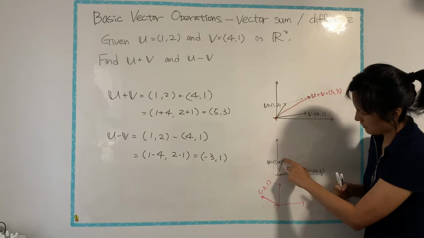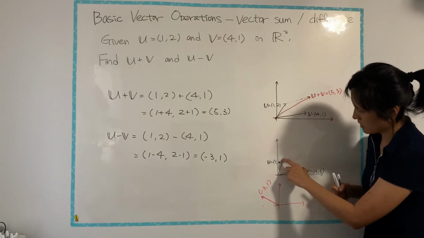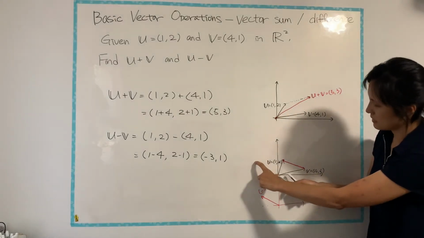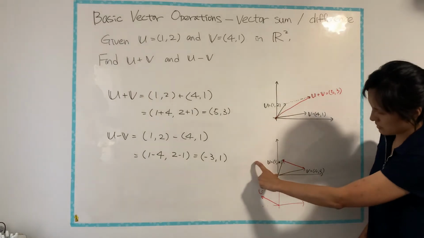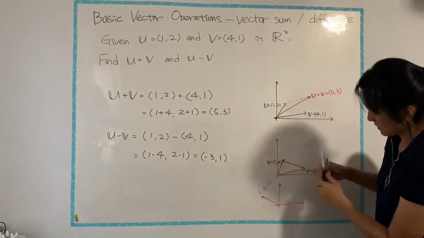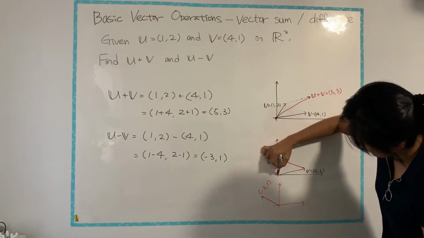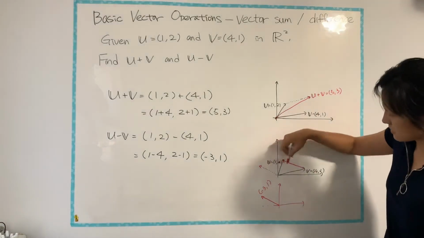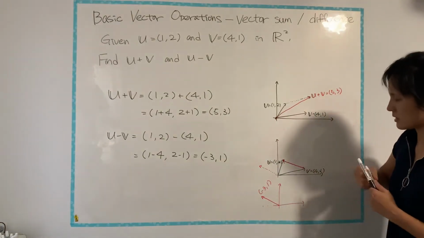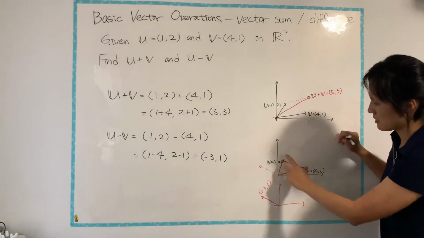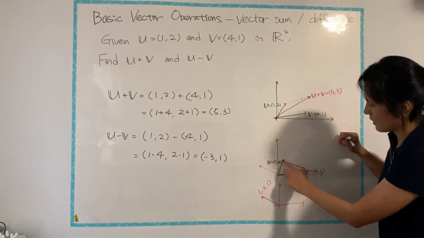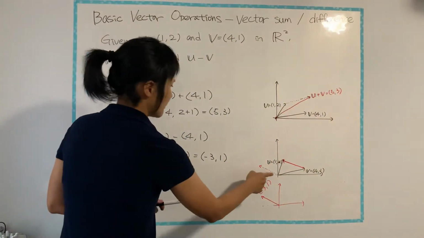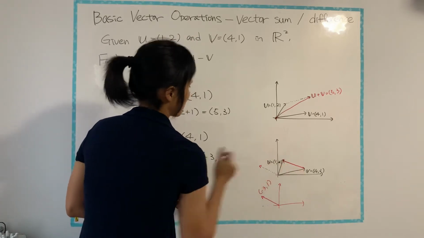So basically it's this one, and I parallel push it, so then the initial point is at 0, 0, the origin. It's this vector. They're the same, because a vector is a directed line segment. As long as you have the same direction and the same length, then you say they are the same vector. So this is the vector u minus v.